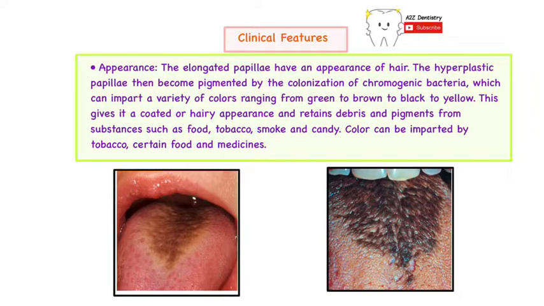Apart from it, certain chromogenic bacteria may be responsible for such an appearance. Apart from black, the tongue may also appear brown to yellowish in color. And this coated appearance not only gives it its characteristic feature, it also leads to retention of oral debris. Because there is a hyperplasia of the papillae, whatever the patient consumes, some part of it gets entrapped within these structures, and this leads to halitosis.